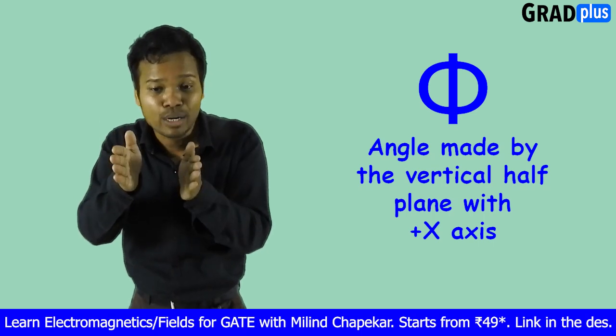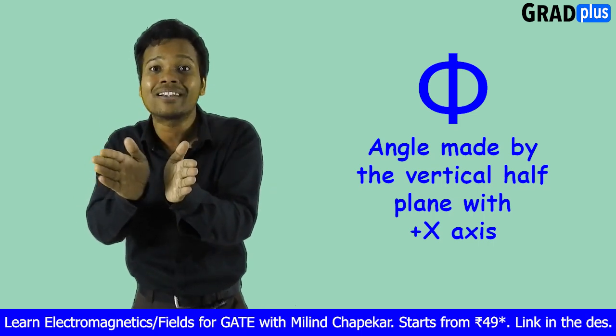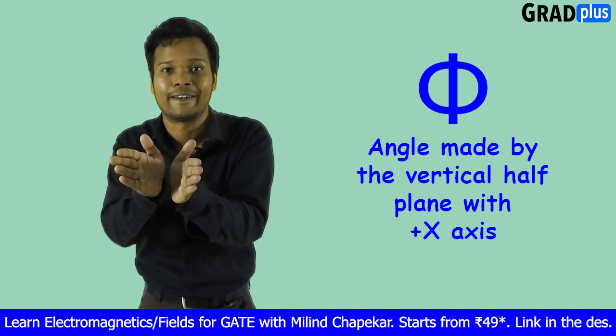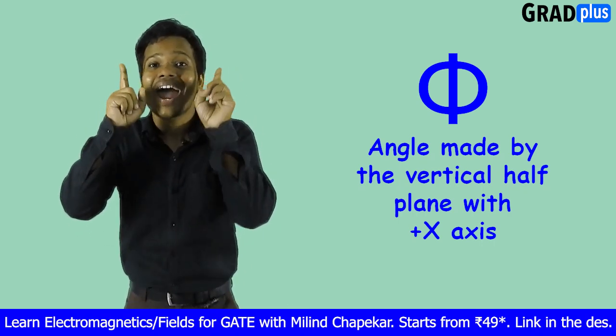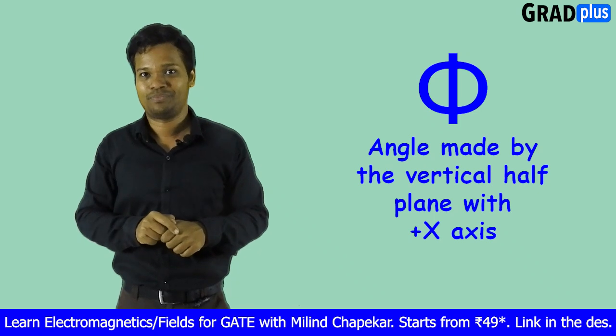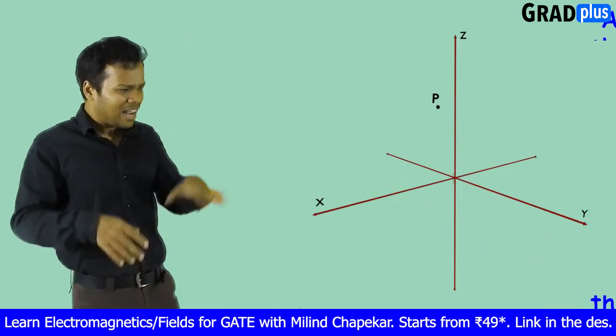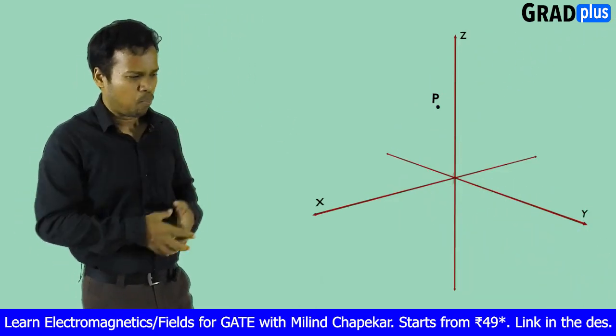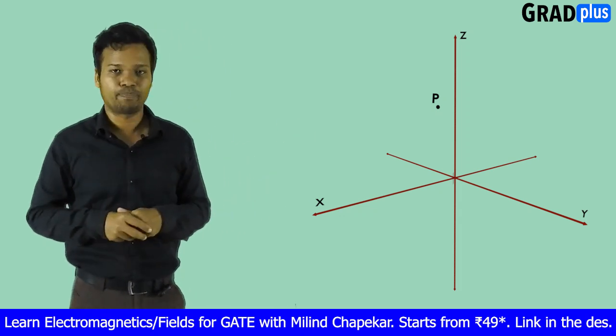The phi is the angle between positive x-axis and that vertical half plane measured in the anti-clockwise direction. Yes or no?